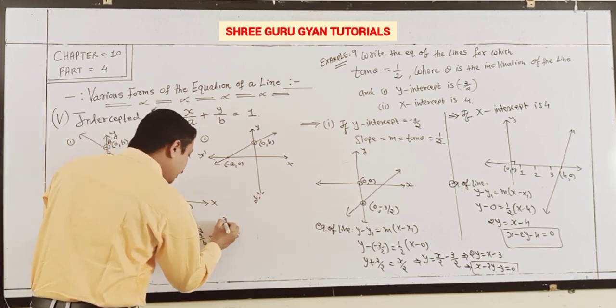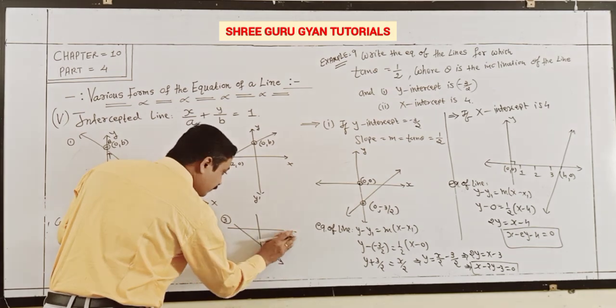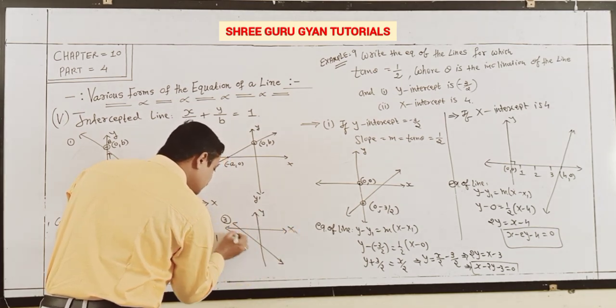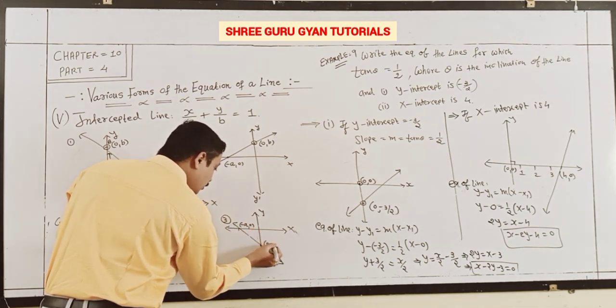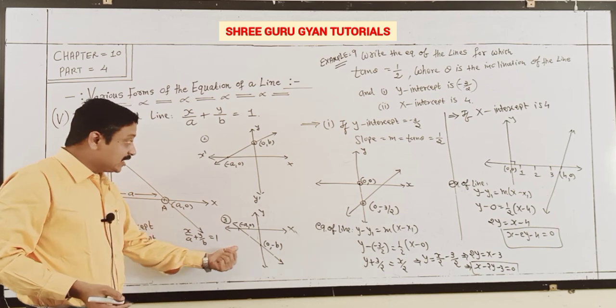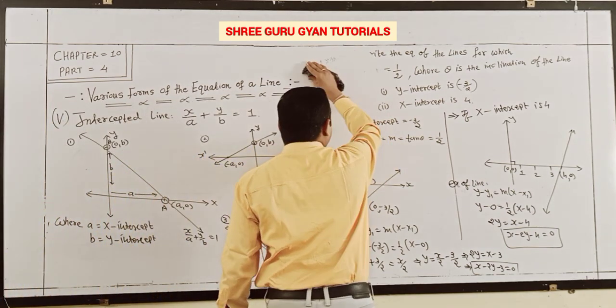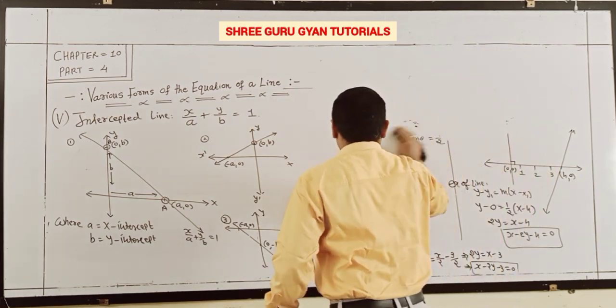If you go to the third drawing, then you can also plot it this way. This is your x-axis, here the y-axis, here (minus a, 0), and here (0, minus b). And this is your third part. One more I am going to. In total 7 parts are available in these intercept lines, students.